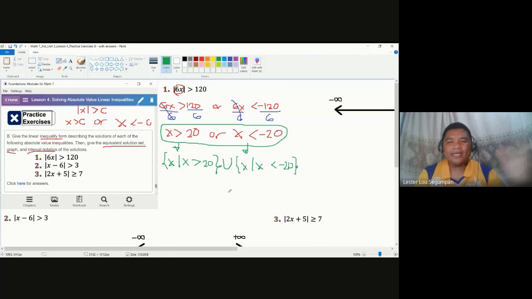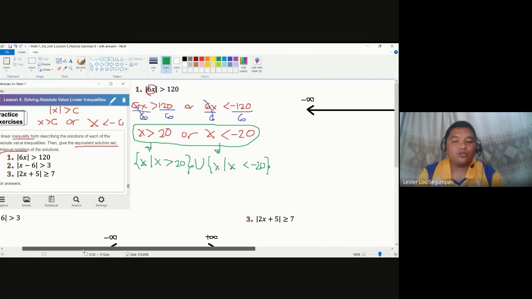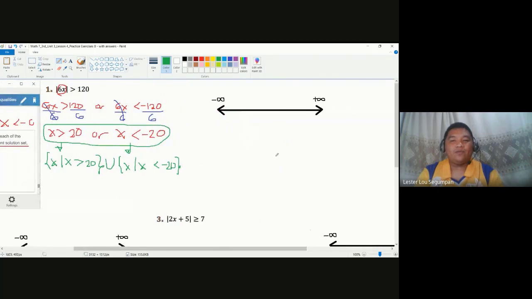Going back to the less than notations, they are actually joining in between. But since we have two different statements combined into one, our graph should also be like that. We have two different graphs in one real number line. We start first by graphing this. The starting point is 20. It goes towards the right, so you place an arrowhead here.